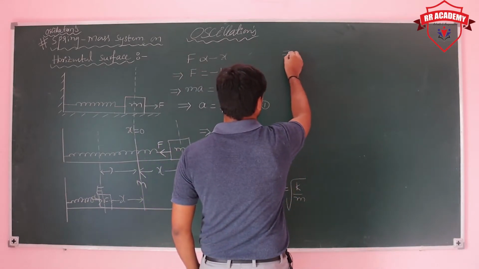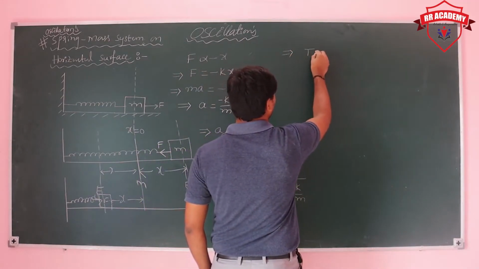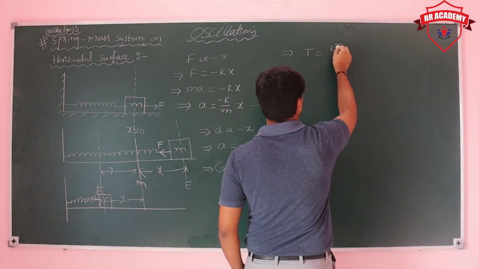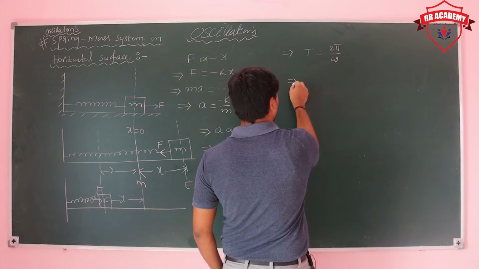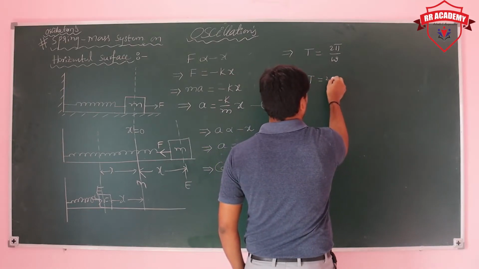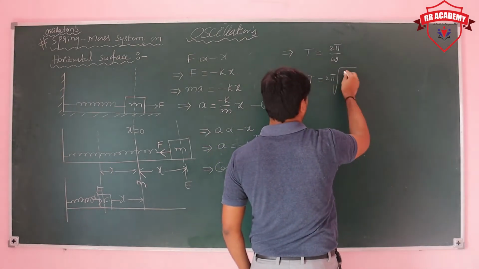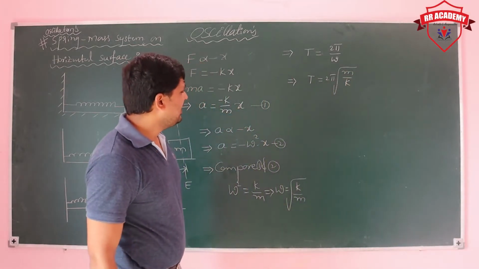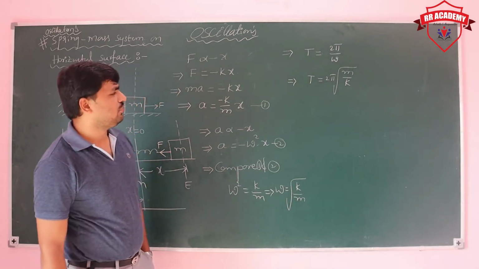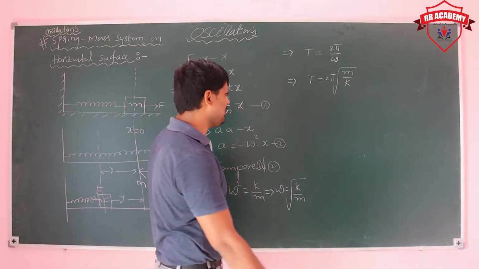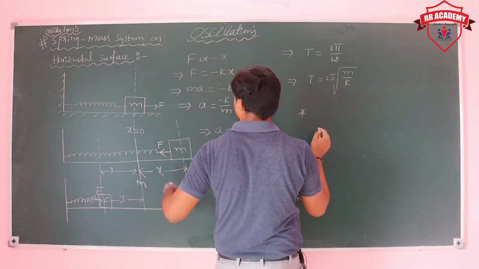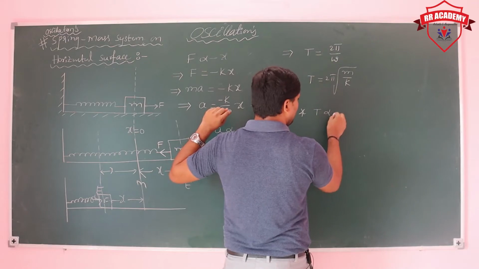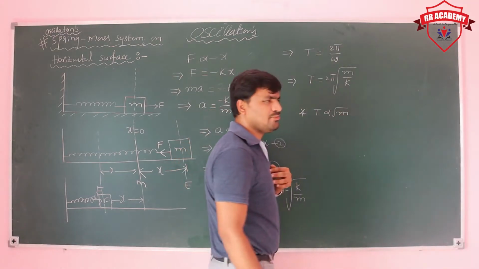Now if you write the time period, T equals 2 pi upon omega, that is equal to 2 pi into under root m by k. The time period of a spring mass system is directly proportional to the square root of mass.